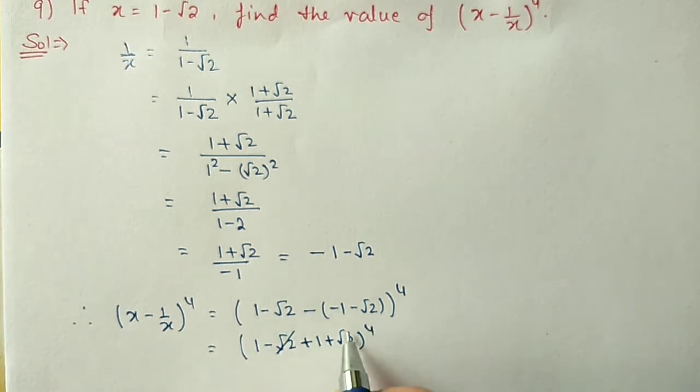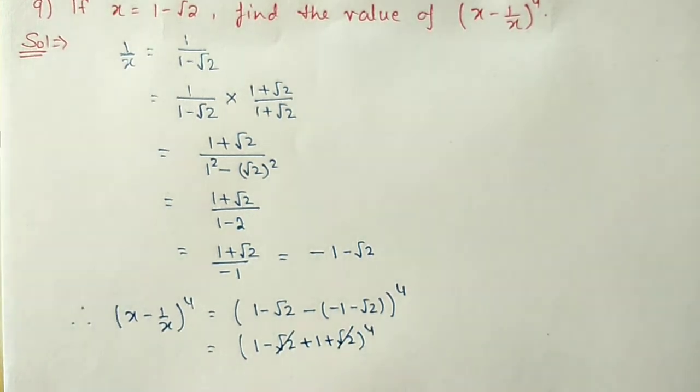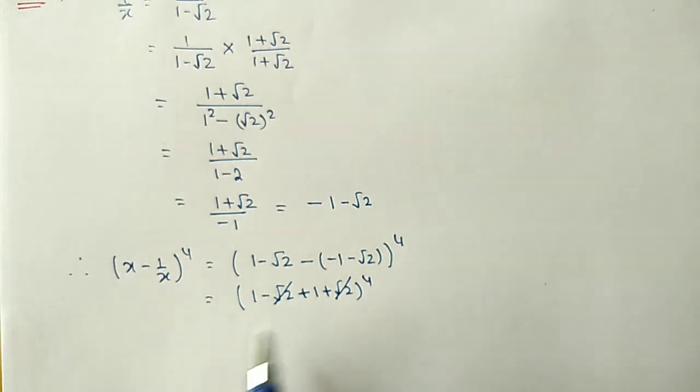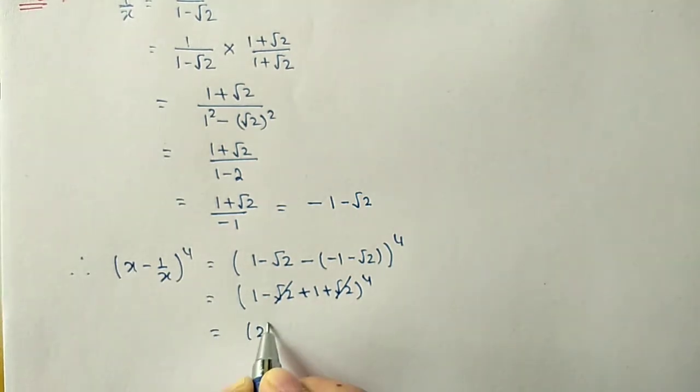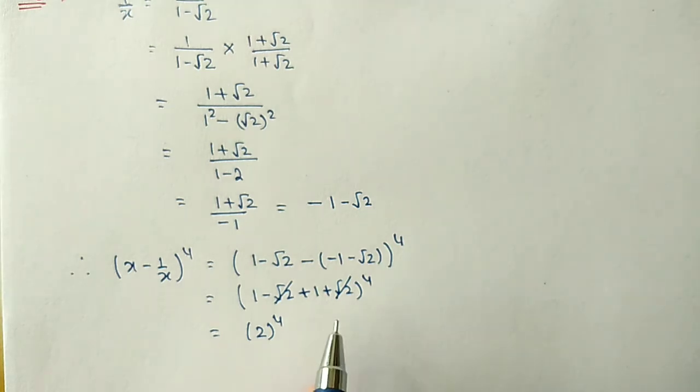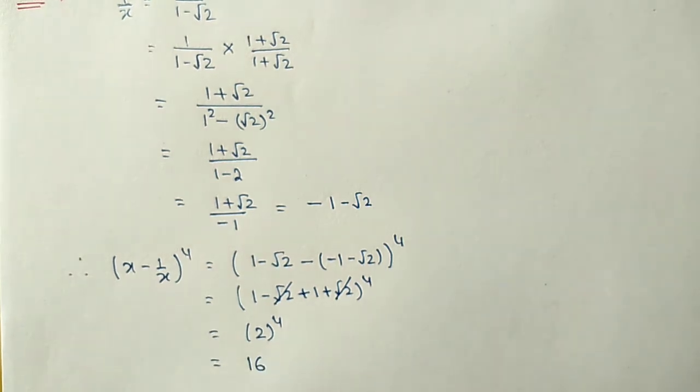So minus root 2 plus root 2 will cancel out and we will get 1 plus 1, 2 to the power 4. So 2 to the power 4 means 2 we have to multiply 4 times. 2 into 2 is 4, into 2 is 8 and into 2 is 16, which is the answer.